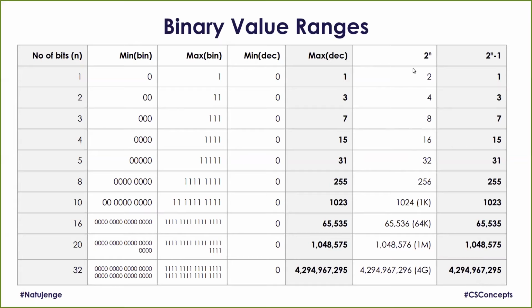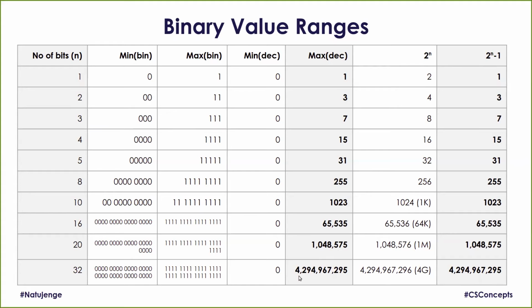If you compare 2 to the power n together with 2 to the power n minus 1, you'll see some formula. So let's look at 8-bit, 0 to 255. If you take 2 to the power n, it gives us 256, which is 2 to the power 8. And if you subtract 1, then you get 255.